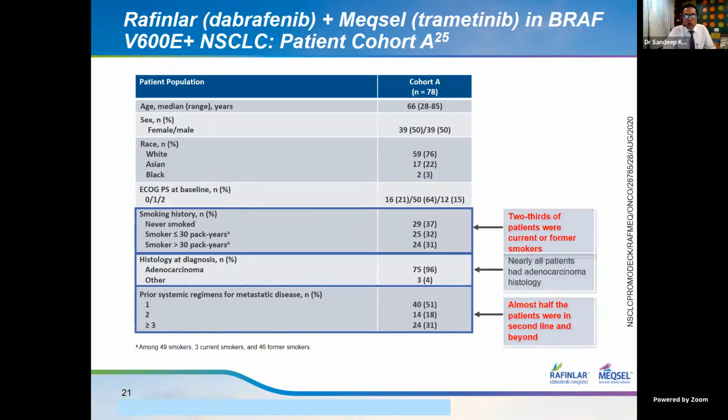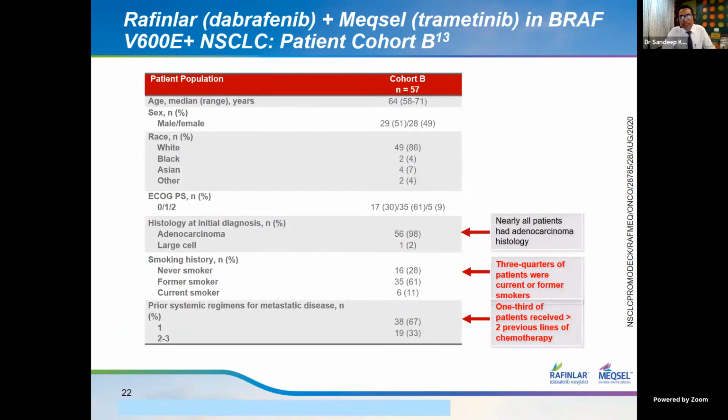In cohort A, 2/3 of the patients were current or former smokers. Nearly all the patients had adenocarcinoma histology, and half of the patients were in second line or beyond, so these were patients who had earlier been treated with chemotherapy. Again, cohort B was a previously treated cohort, but we used a combination of therapy which acts synergistically.